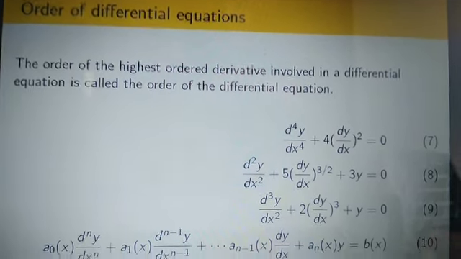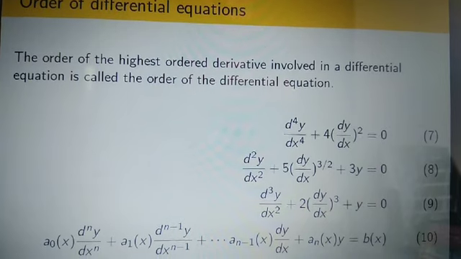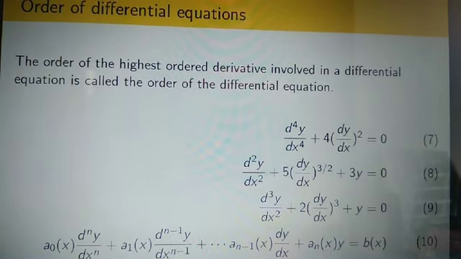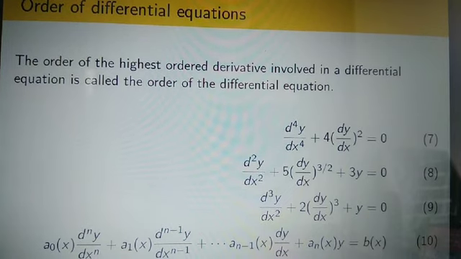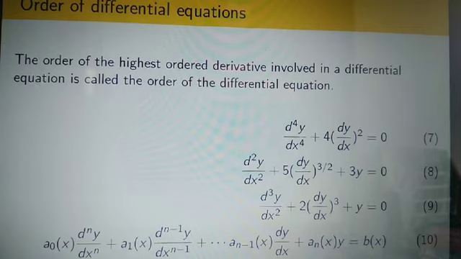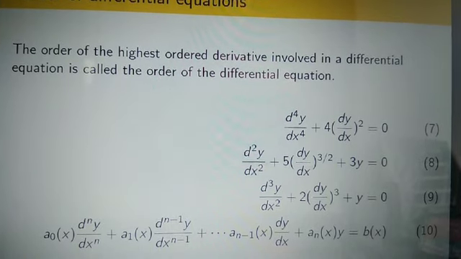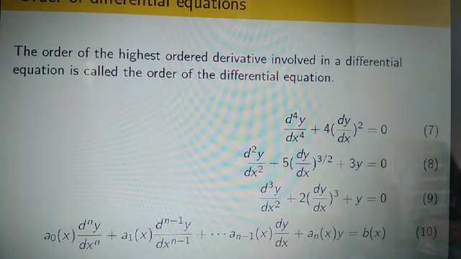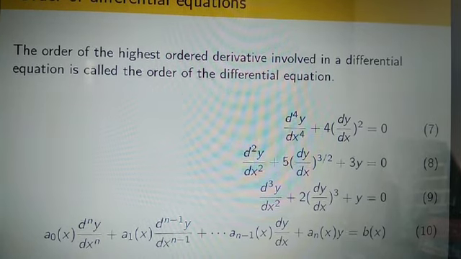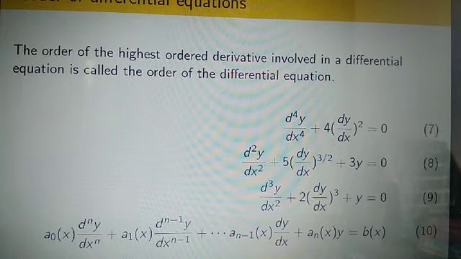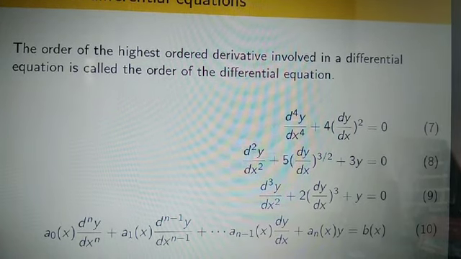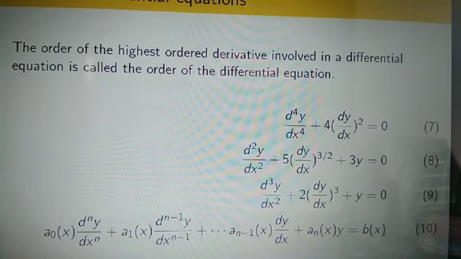First, equation number 7: d4y dx4 plus 4 (dy dx) whole square equals 0. How many derivatives are involved here? Two. The first one is d4y dx4, so the order of that derivative is 4, and this is the highest order, so the order of the differential equation 7 is 4.